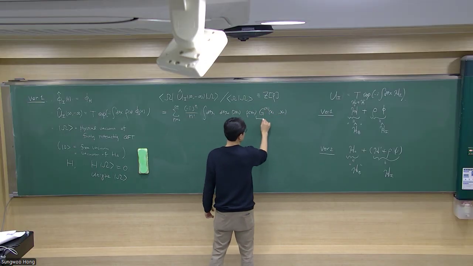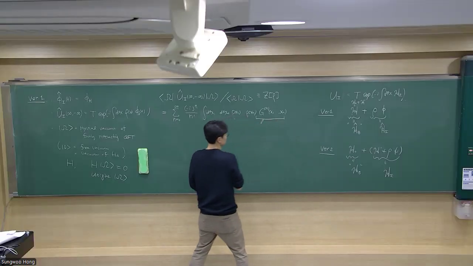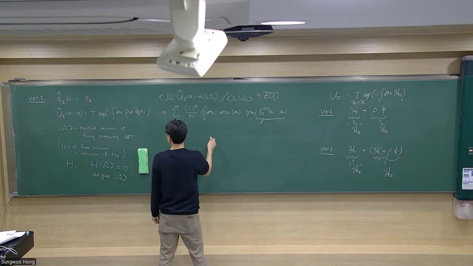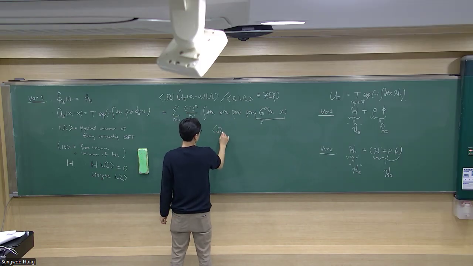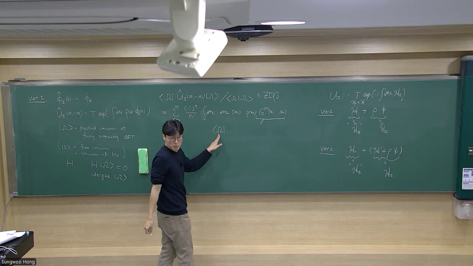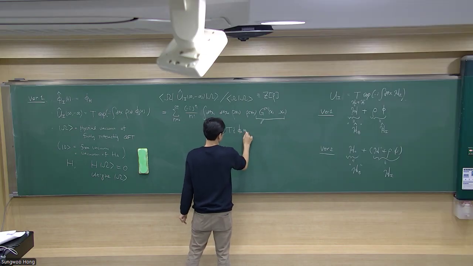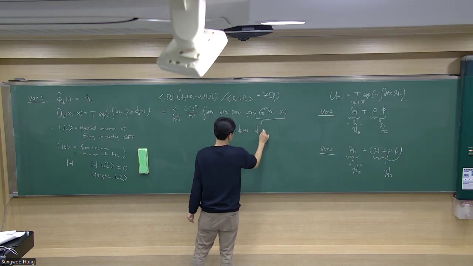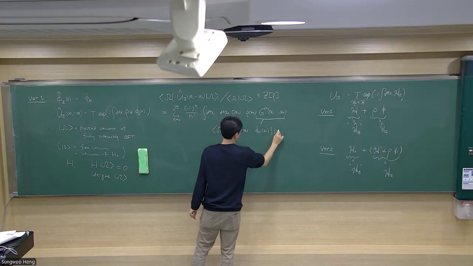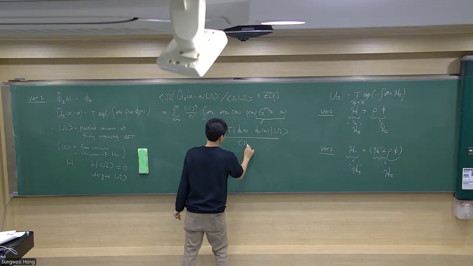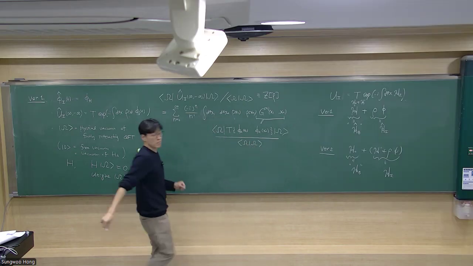And I'm using the same notation, but now this is fully defined non-perturbatively, and that expression is the expectation value with respect to the full physical vacuum, time ordered, of Heisenberg picture operators, divided by the norm of the vacuum.